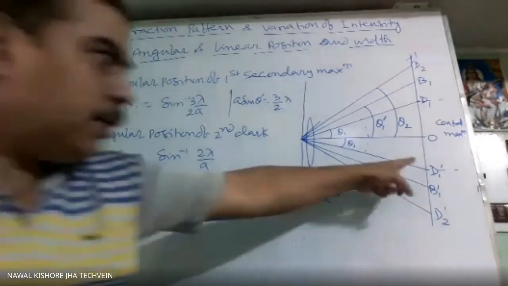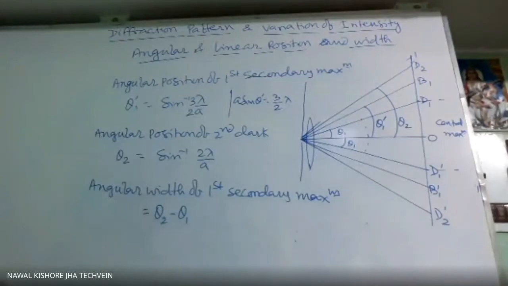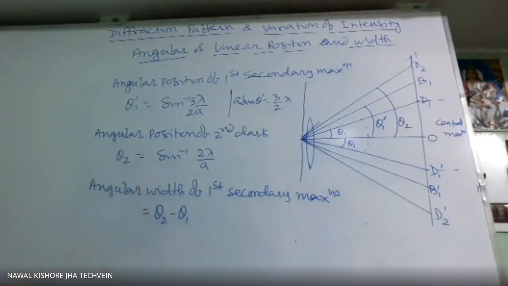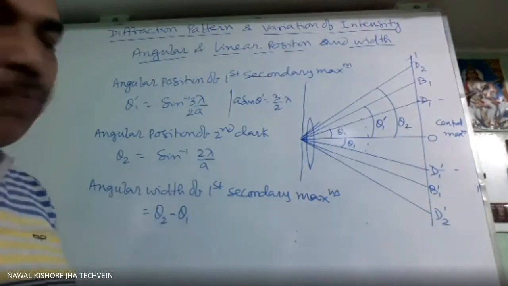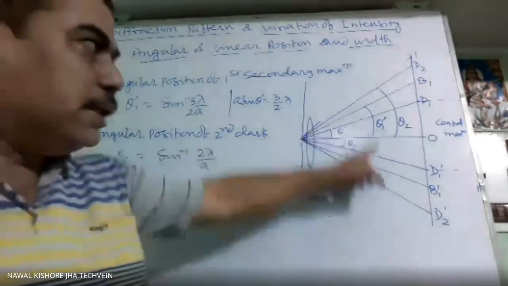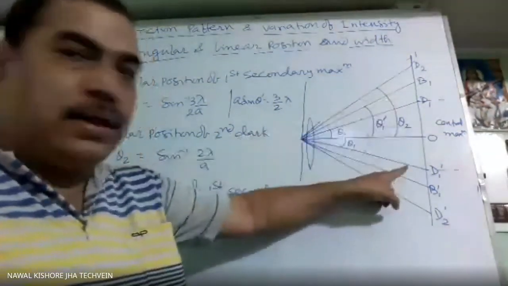It may be on both sides, this side also. Sometimes it is asked, what is the angular width of first dark on both sides? The meaning is the same as the angular width of central maximum: first dark here, first dark here.